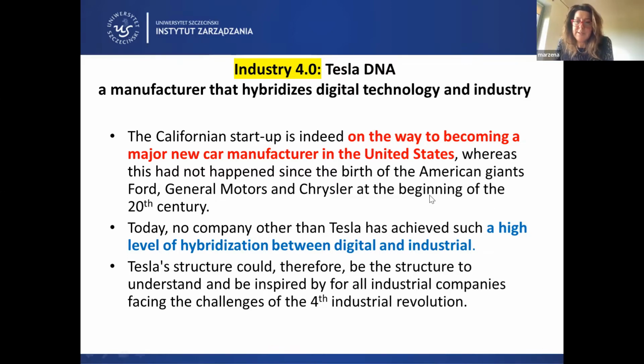Therefore, we think that the new structure that Tesla proposed could influence the new business model in the near future.